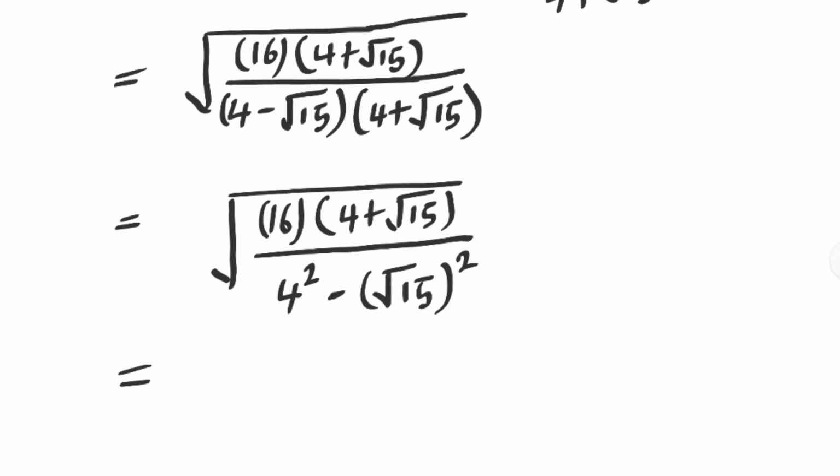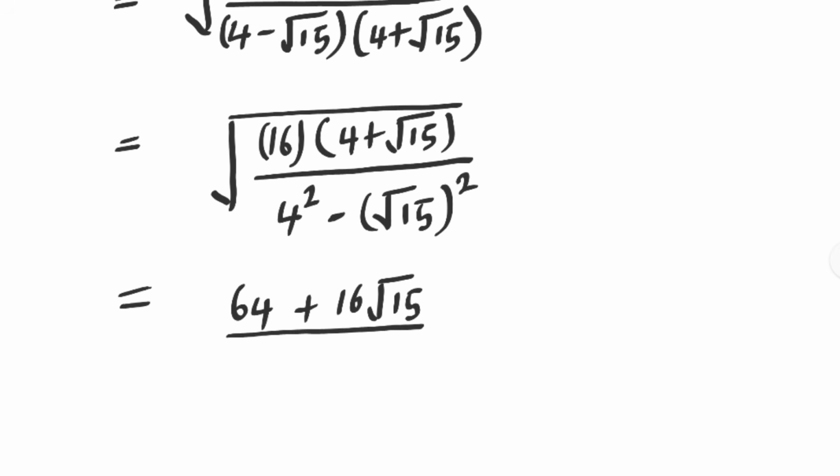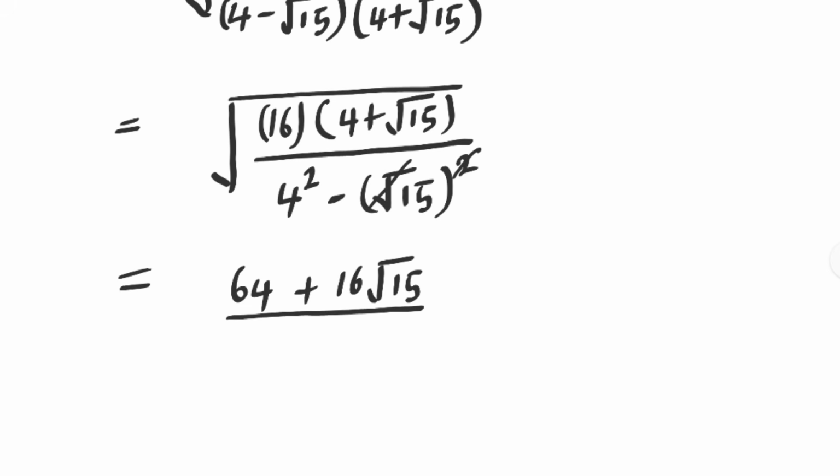This is equal to 16 multiplied by 4, that is 64, plus 16 multiplied by root 15, that is 16 root 15, over the denominator. This square will cancel this root, so we have 4 square minus 15.